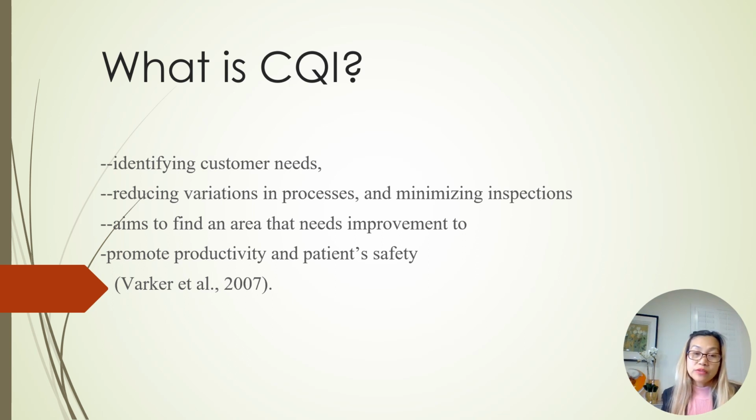Let's start with what is CQI, or continuous quality improvement. It is a system. It means there's already a process ongoing, and we're looking for an area that needs improvement.